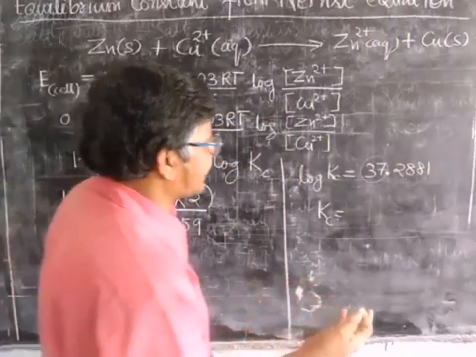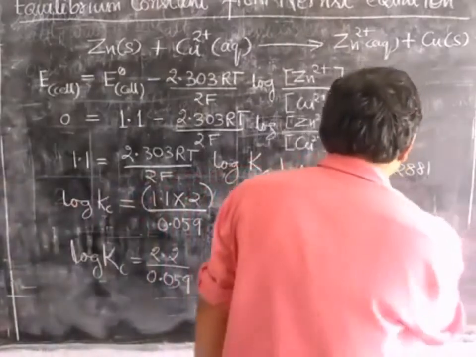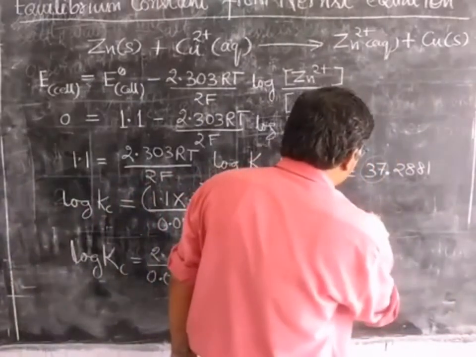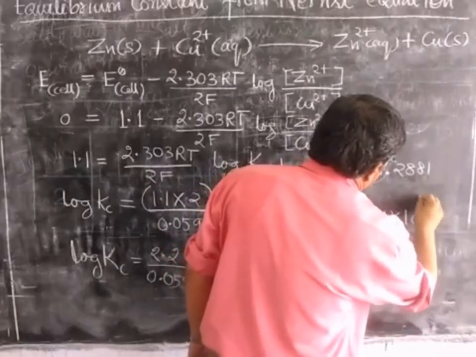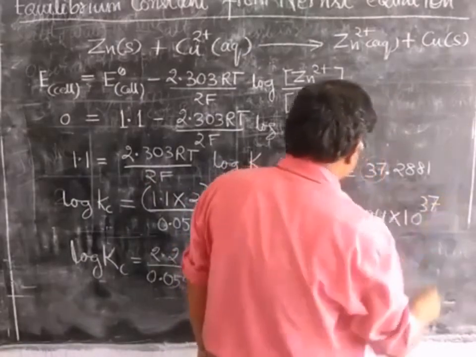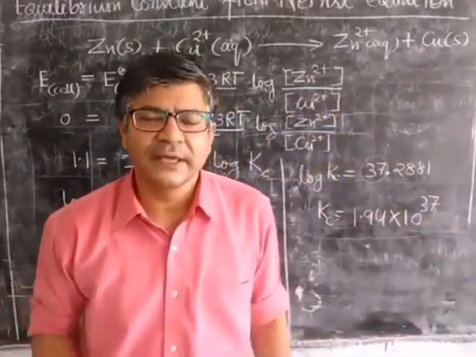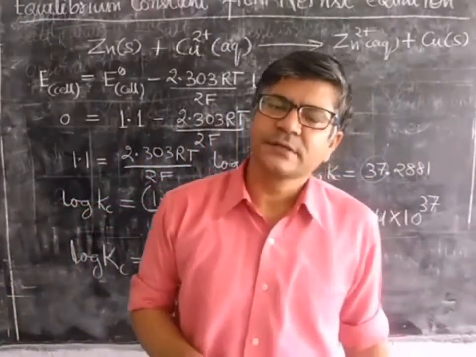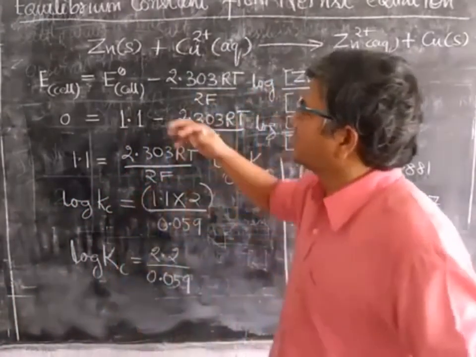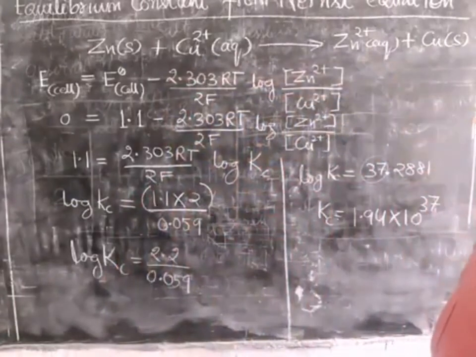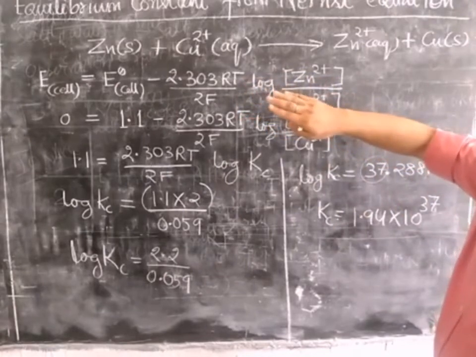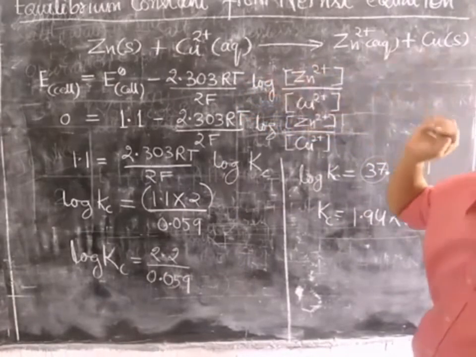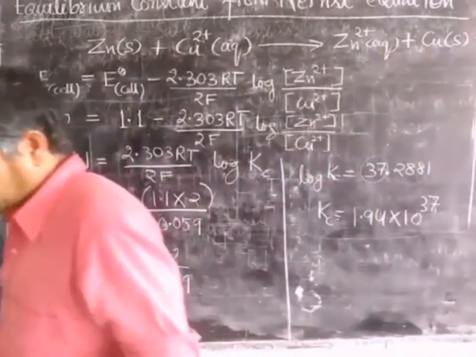So that value comes around to be 1.94, and 10 to the power 37 will be the value of Kc, equilibrium constant, when we are considering a reaction going on in the electrochemical cell when the electrodes are these two metals, zinc and copper.